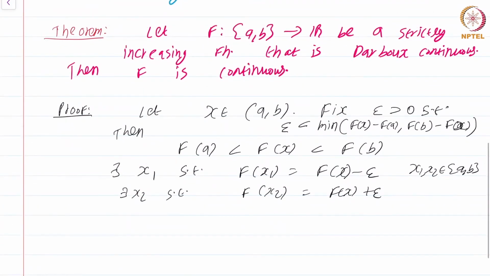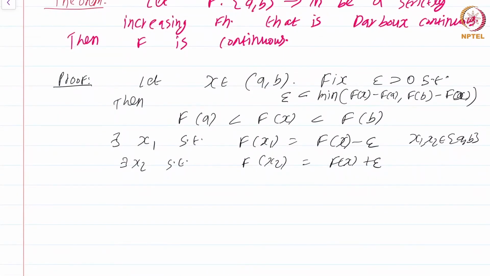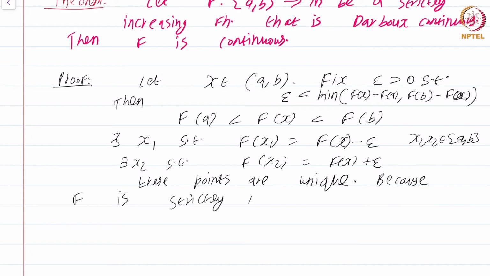So I'm just going to choose epsilon so small that f of x minus epsilon and f of x plus epsilon lie within f of a, f of b. If I choose epsilon to be less than the minimum of f of x minus f of a, comma f of b minus f of x, this will be true. Not only does there exist x1 and x2 such that this happens, but these points are unique. Why? Because f is strictly increasing. Because of that, these points are unique.